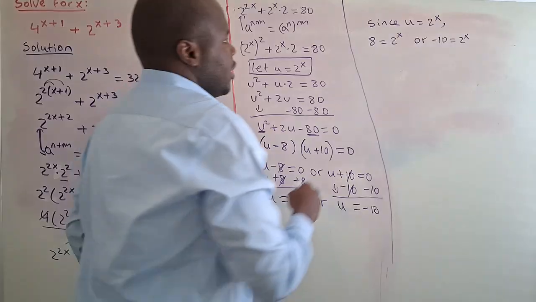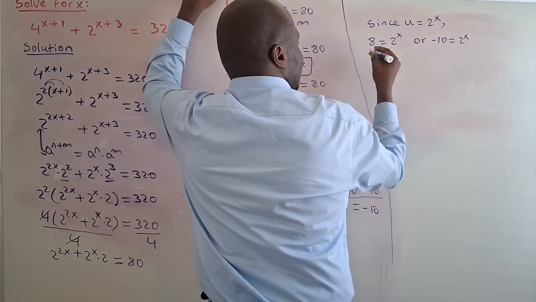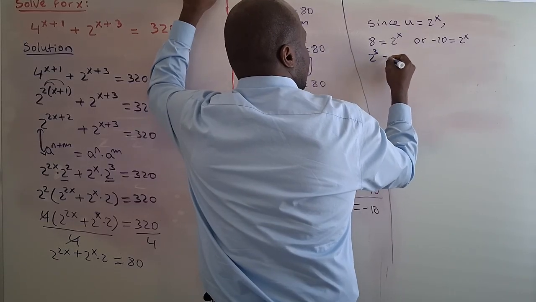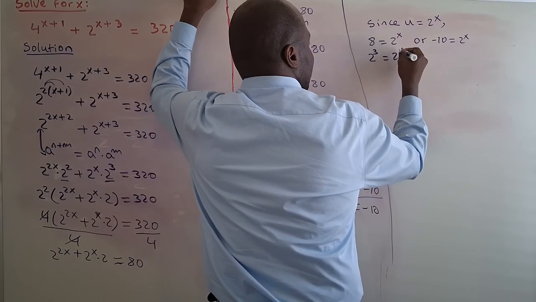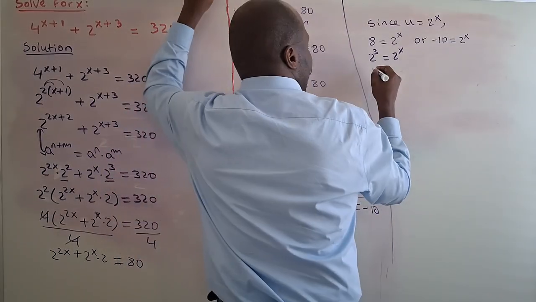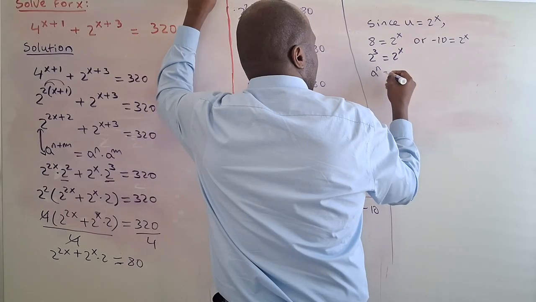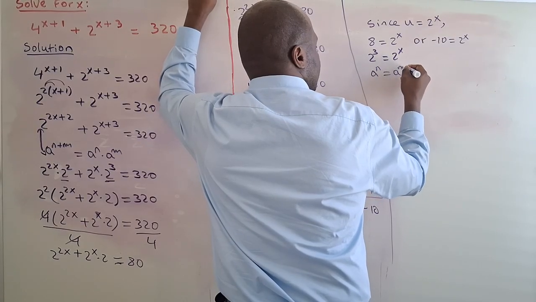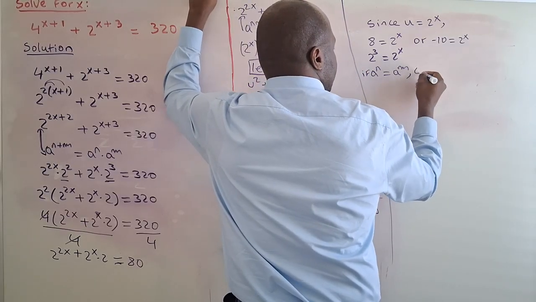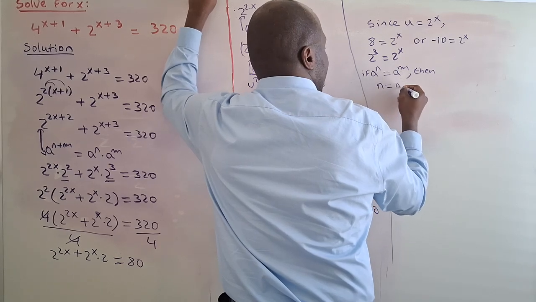Now, we know that 8 is the same thing as, we're going to write 8 as an exponential. We know that 8 is the same thing as 2 cubed. And we know that we have 2 to the x power right here. So there's an exponential rule that says if we have a to the n equals a to the m, then n equals m.